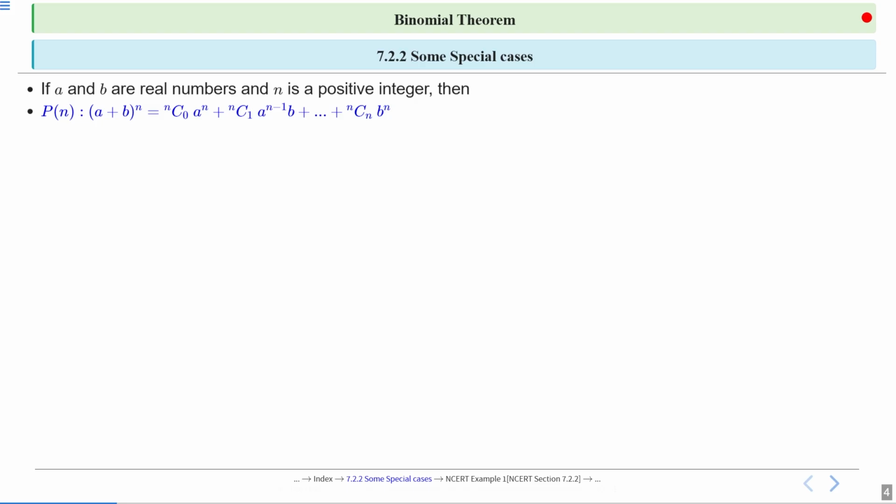If a and b are real numbers and n is a positive integer, then a plus b whole to the power n is equal to nC0 a to the power n plus nC1 a to the power n minus 1 times b plus dot dot dot nCn b to the power n. Okay, and this statement is denoted as P(n).